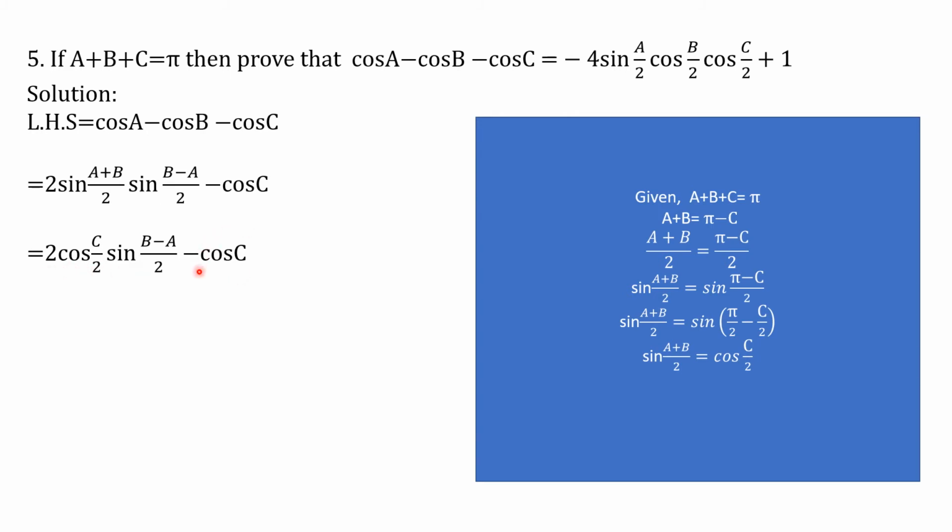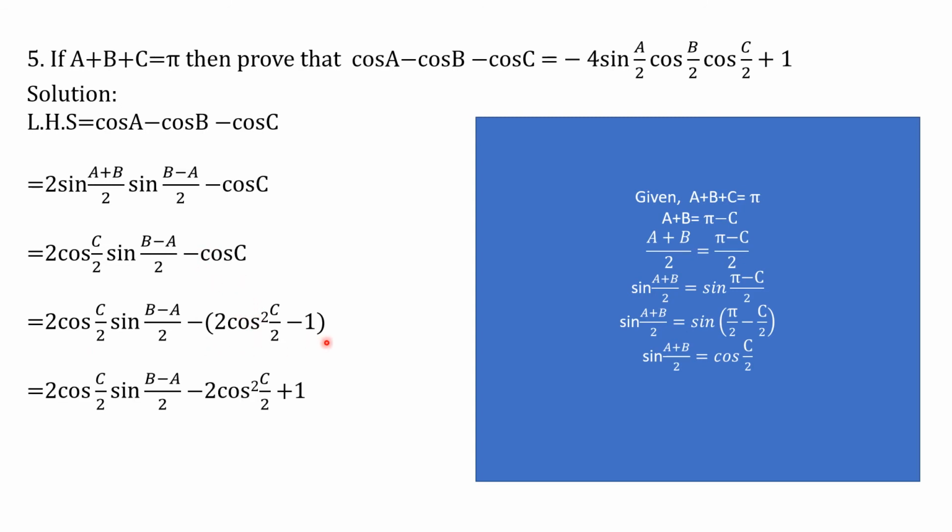Now here is cos C. We know the formula for cos C in terms of cos itself is 2 cos square C by 2 minus 1, isn't that? We have expressed this in terms of cos because here is cos. So to take common, we expressed this cos C in terms of cos itself.